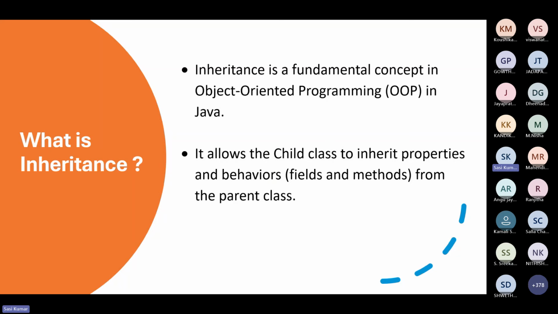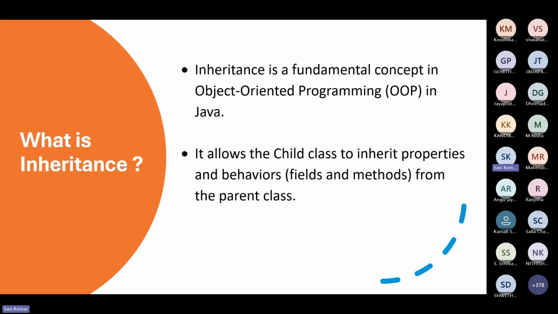Where you can define the properties and behaviors in one class, that class is called the parent class. And whoever wants them, internet banking can be one of the child classes, Google Pay can be one of the child classes. This child class can get all the details from the parent class and develop its own implementation.